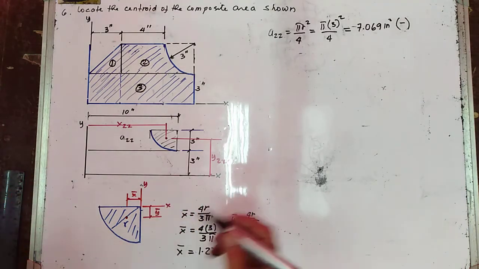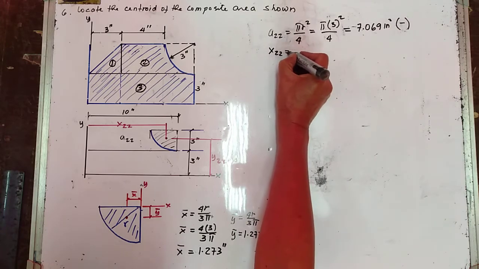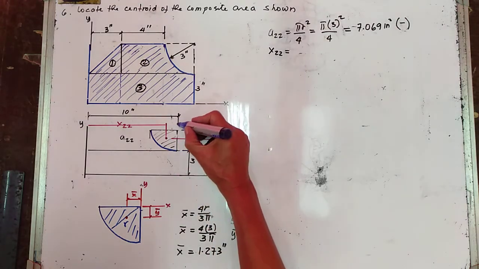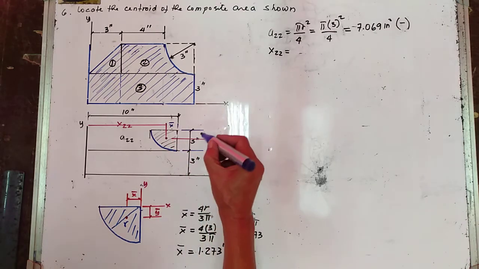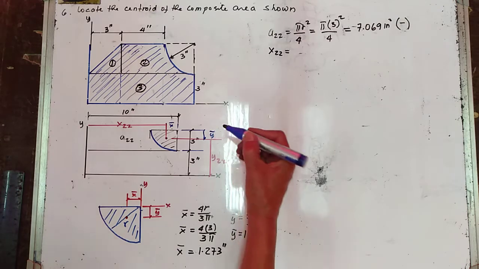So we now have your x22. Take note that this is your bar x, and this distance is your bar y.